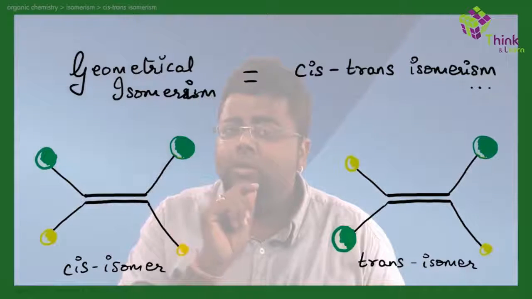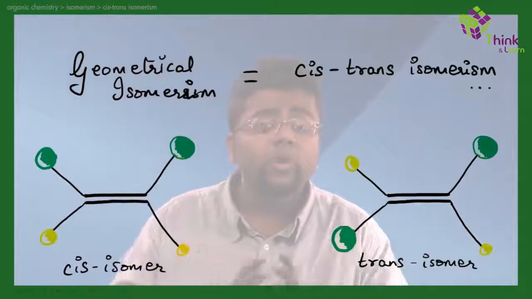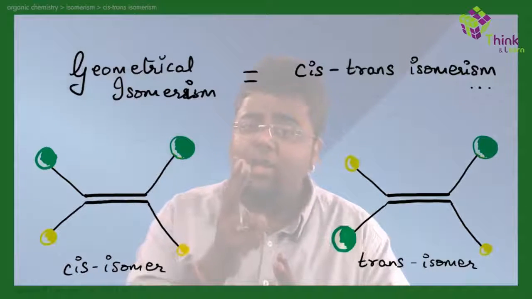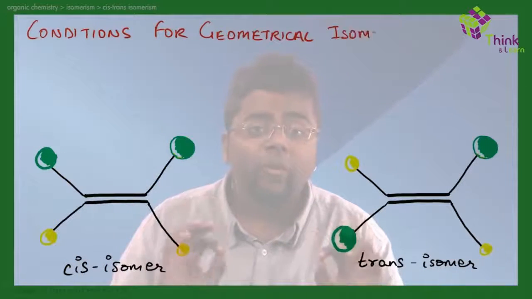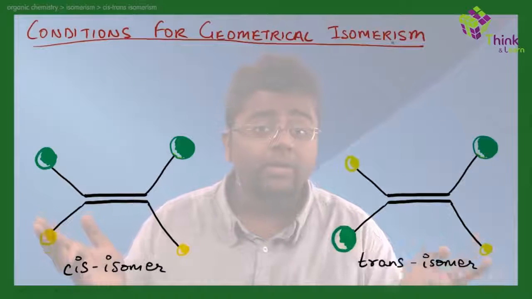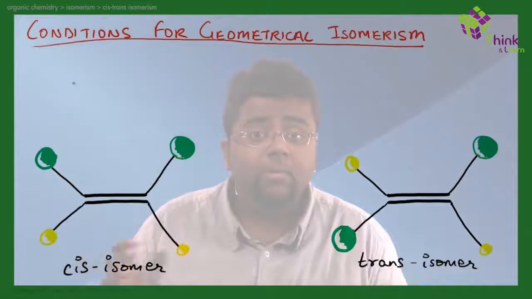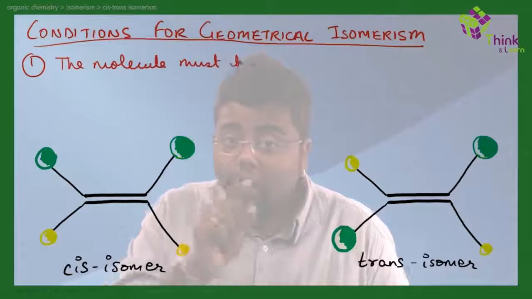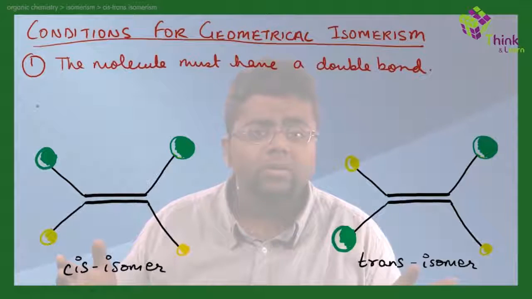Now what is the condition that is required for cis and trans isomerism to happen? There are two very important conditions that the compound must follow in order to show cis and trans isomerism. The first one is the presence of a double bond. If the compound has a double bond, it will show cis and trans.